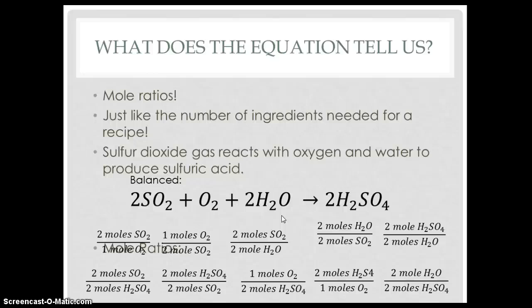So those are like the recipes and the quantities and the ratio of the things that I need in order to bake a good cake. In order to have an effective reaction, you have to make sure the equation's balanced and you have the right mole amounts for everything. You have the right recipe or combination.